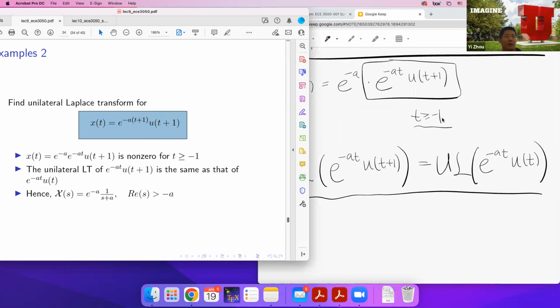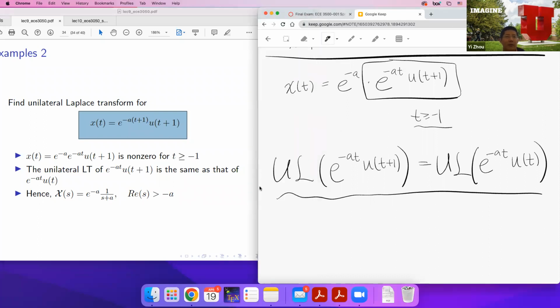In order to be causal, we need to start from 0. So this is not a causal signal. So the key observation is that for the unilateral, because this is a constant coefficient, we can put it aside.